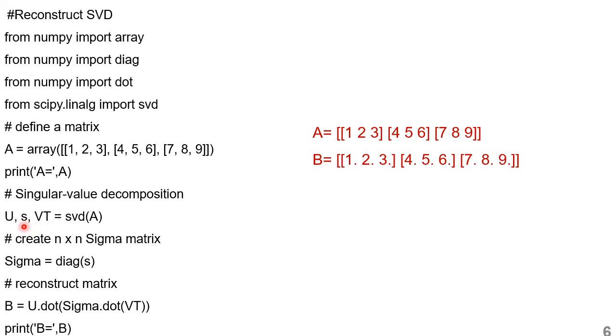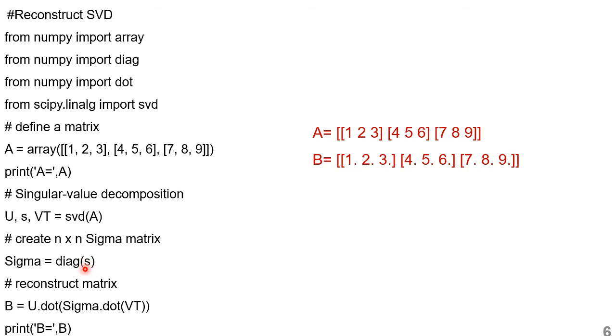Here I have used it as s. So U, s, V transpose is svd of A. Once I get the singular values, these values are to be put in the form of a matrix, which is an n cross n matrix. So that's why I have used sigma is equal to diagonalization of s values.